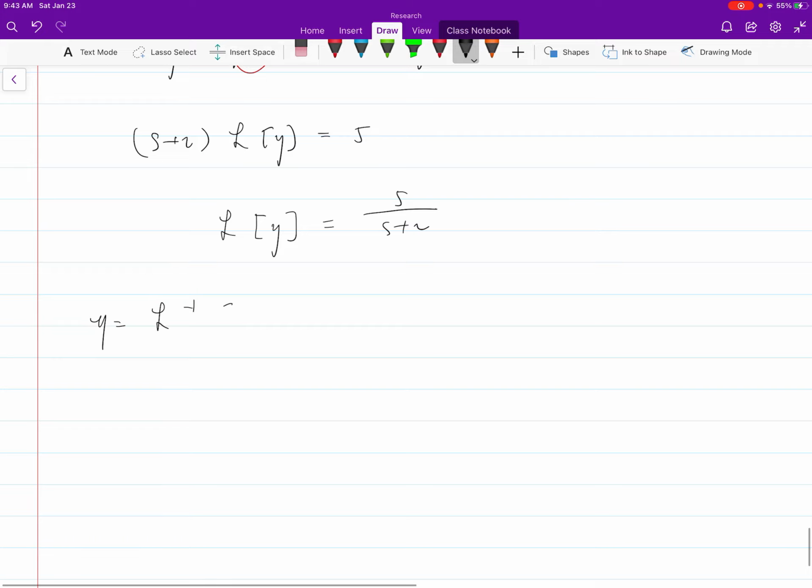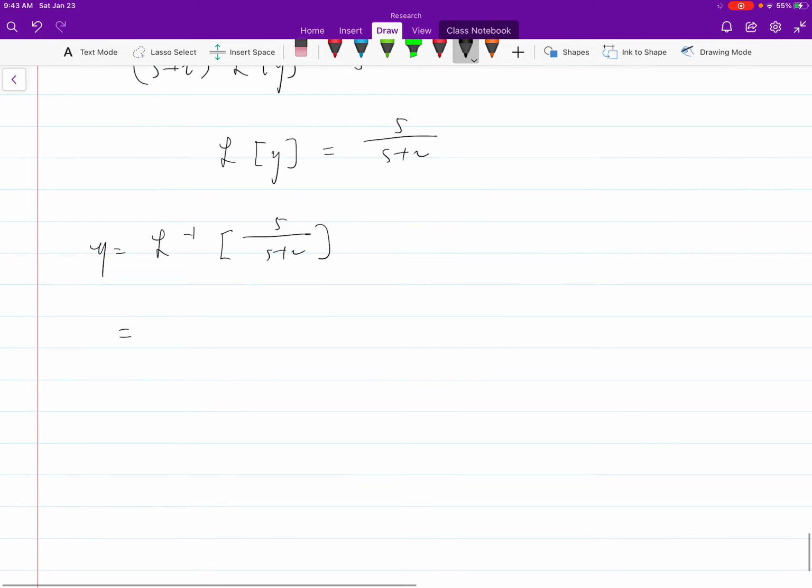Therefore, your y is going to be L inverse 5 over s plus 2. The only thing left is, can you do the L inverse? Now, the first thing we want to do is look at this. So far, the only thing we know is e to the at goes to 1 over s minus a. And from here you can see that means e to the negative 2t goes to 1 over s plus 2.